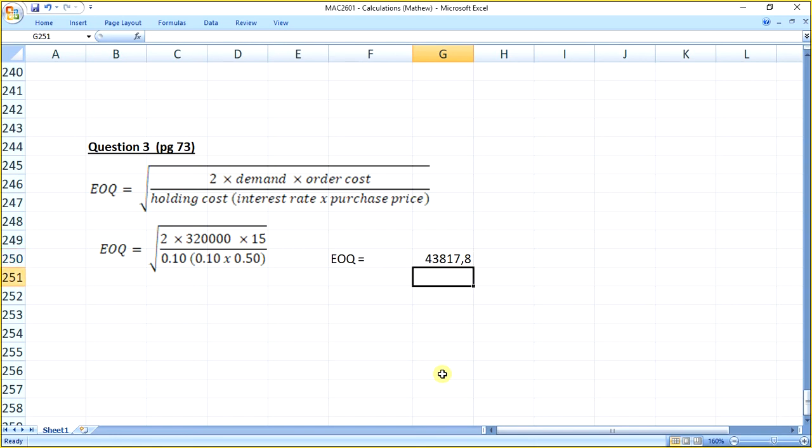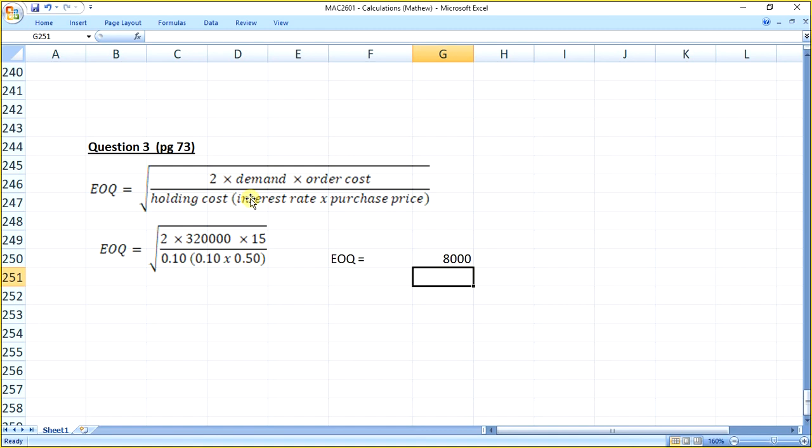Let's just check. They've given 2 times 320,000 times 15 divided by 0.1. Oh, it's a plus, not a multiply. Let me go check the equation. Is that a typo?